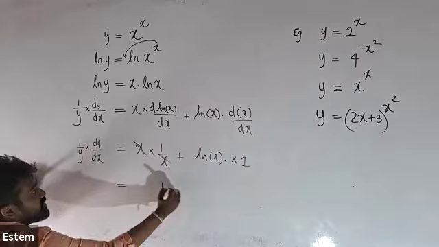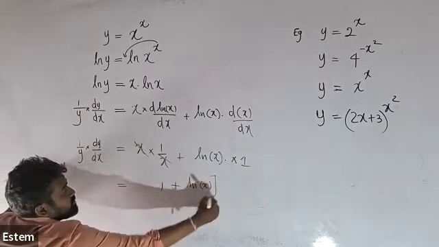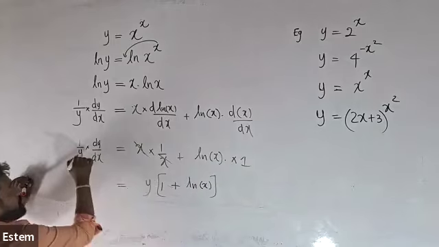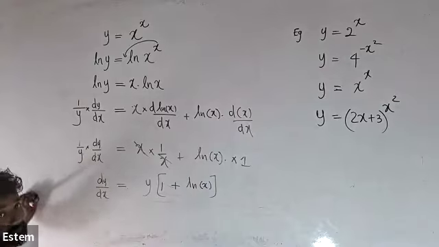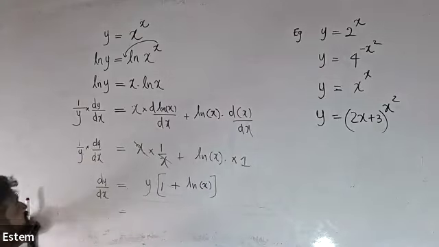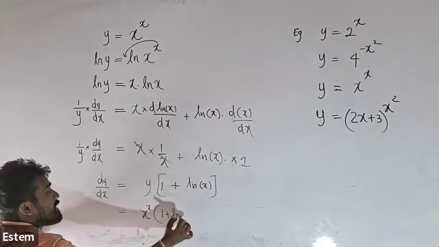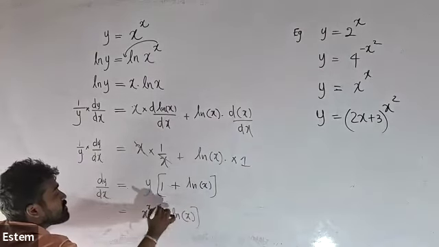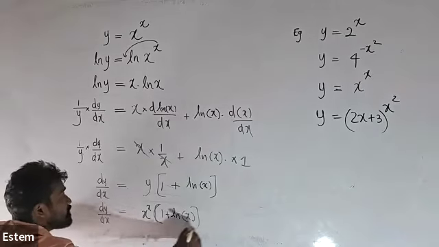Now this is 1 plus ln x, which should be multiplied with y. Now dy over dx equals this. What is y? Y is x to the power x. So dy over dx is x to the power x times (1 plus ln x). This is the final answer of the differentiation of this function.